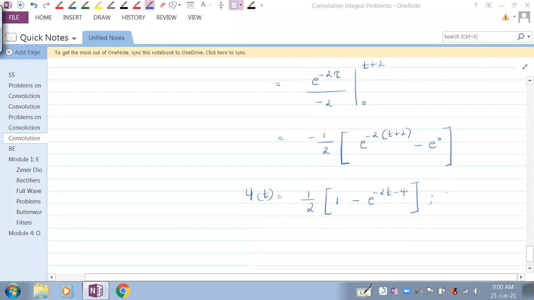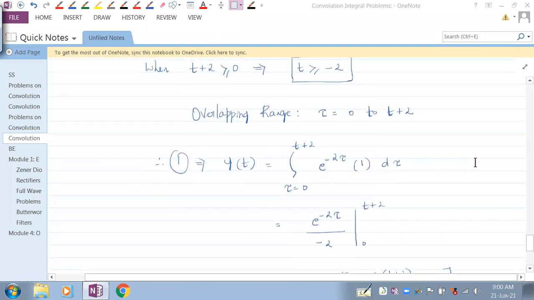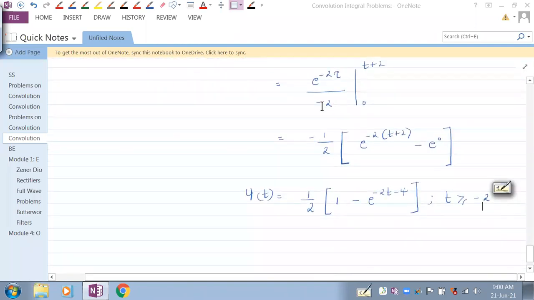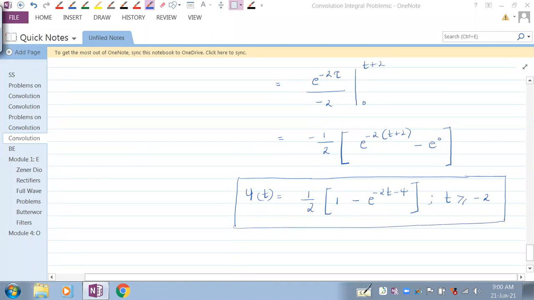And this is for t greater than or equal to minus 2. So this is the result we have obtained for the range t greater than or equal to minus 2. Now show the summary of this. That means both the results you will show in the same equation.